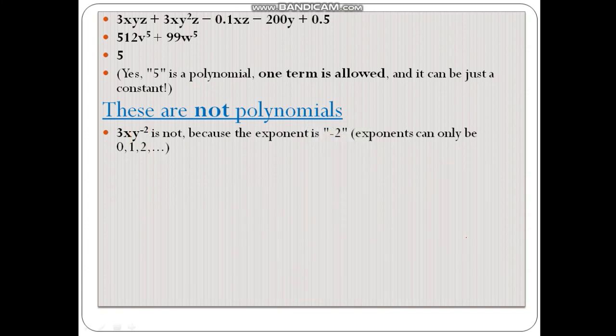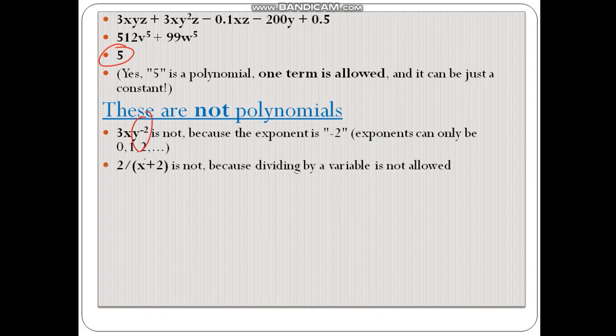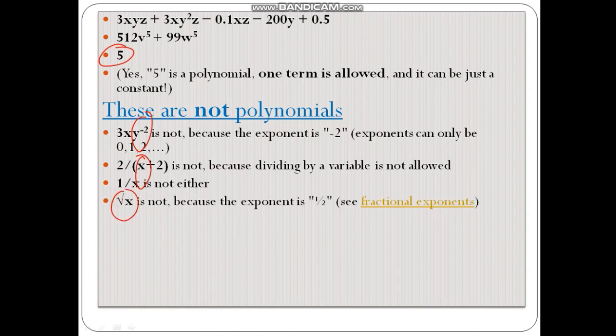So everything is a polynomial, even the constant term is also a polynomial. But what is not a polynomial? If the variable has a negative power, if the variable is in the denominator, if it is under the square root sign or the cube root sign, meaning when there is a surd, then it will not be considered a polynomial.